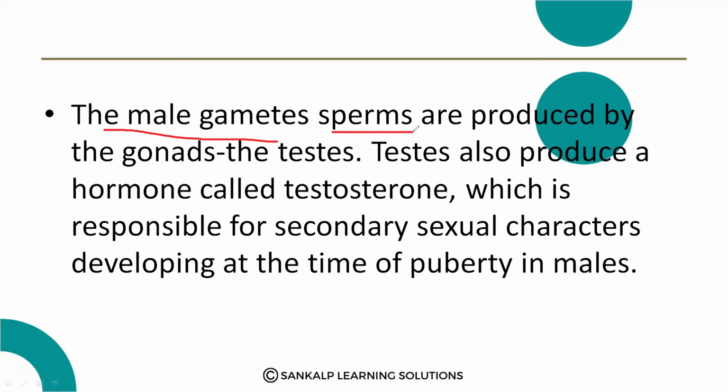The testosterone hormone produced by the testes is responsible for the secondary sexual characters developing at the time of puberty in males. This testosterone hormone regulates the production of the sperms, and is also helpful for the development of the sexual characters during the time of puberty in males.